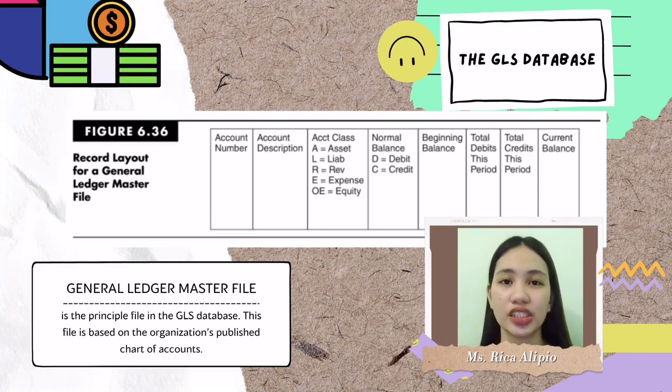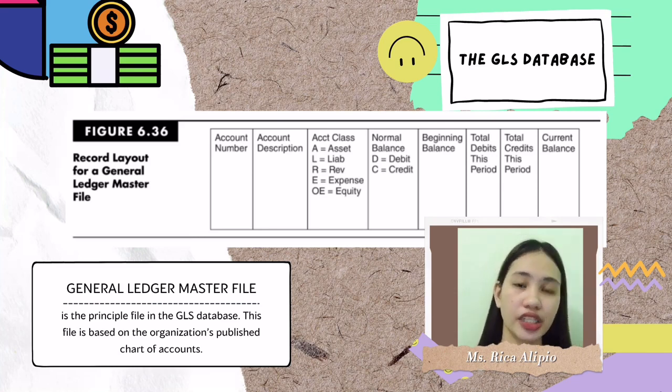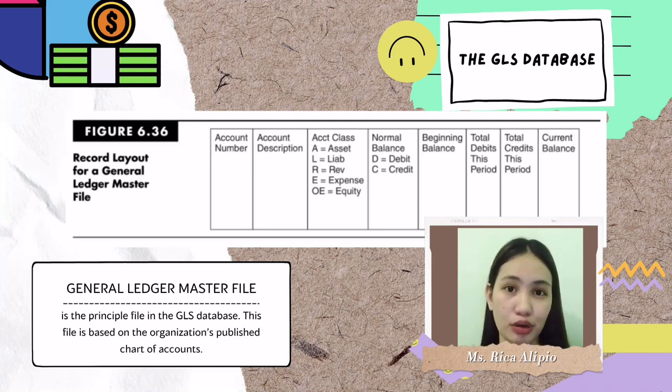Each record in the General Ledger Master File is either a separate General Ledger account, for example, sales, or the control account, for example, accounts receivable control, for a corresponding subsidiary ledger in the transaction processing system.